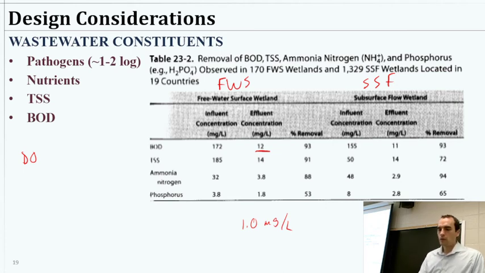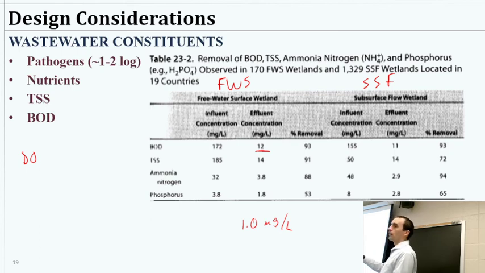All right. So anyway, let's take a look then at the subsurface flow, at the percentages here. If we have something similar in terms of a wastewater, it's a different scenario, but it's a case study here. We've got 93% removal of BOD, so pretty much the same there. Not as much removal of total suspended solids in a gravel system. That may make sense because you don't have water flowing through that sandy loam stuff, right?